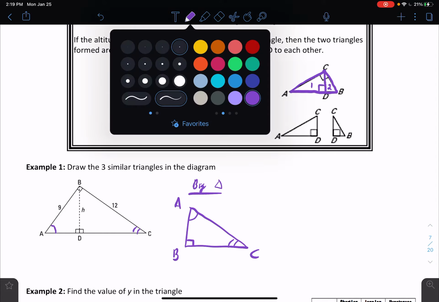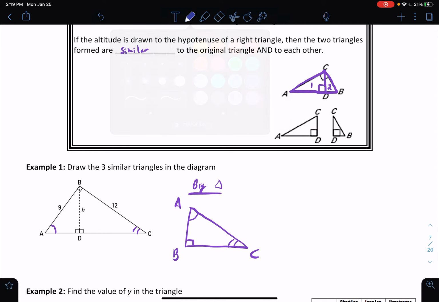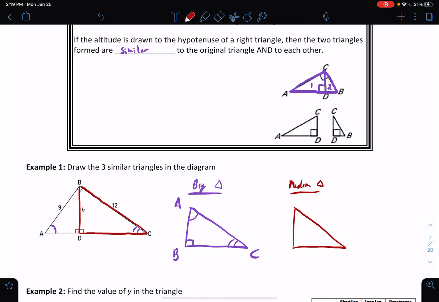Next up, let me get a different color. We have this medium triangle here, and that's going to be triangle BDC.